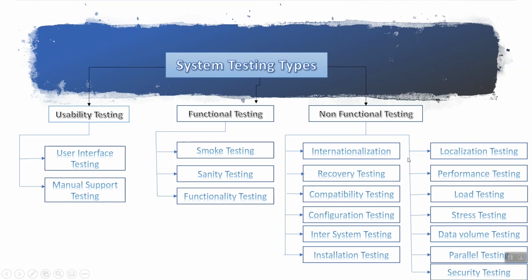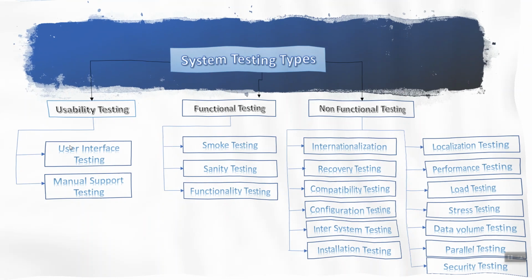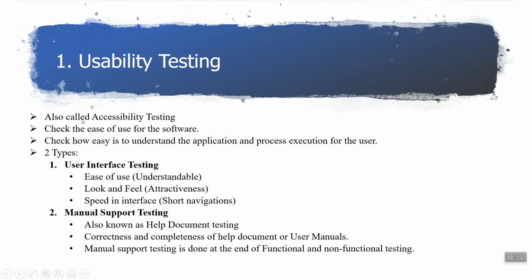For non-functional testing, under this we have internationalization testing, recovery testing, compatibility testing, configuration testing, intersystem, and installation testing. Also localization testing, performance, load, stress, data volume, parallel, and security testing. Here we will see one by one all these types of system testing with the explanation for each type.